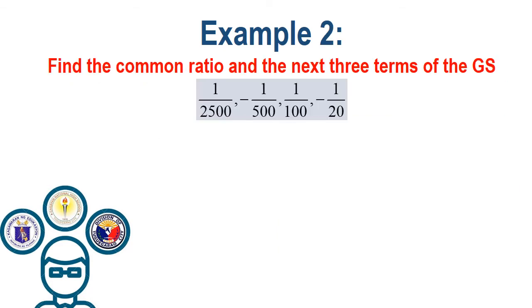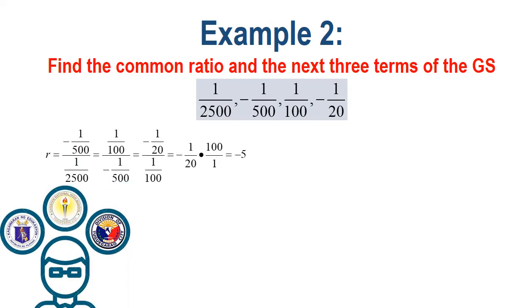Let us try our second example. Find the common ratio and the next three terms of the geometric sequence 1 over 2,500, negative 1 over 500, 1 over 100, and negative 1 over 20. To find the common ratio, divide the second term by the first, or the third by the second, or the fourth by the third, and so on.